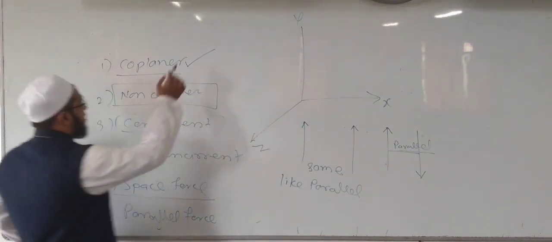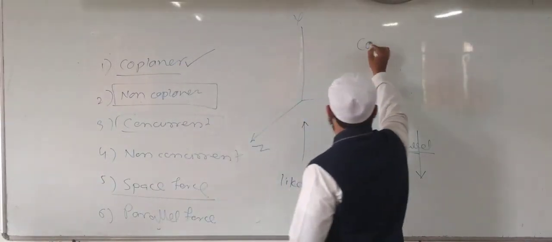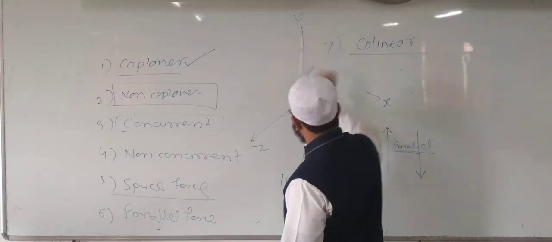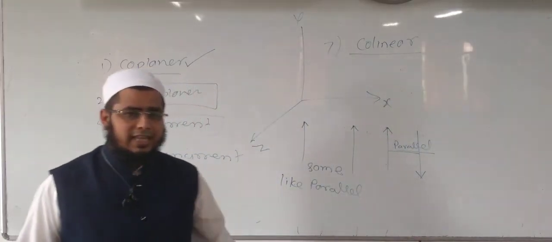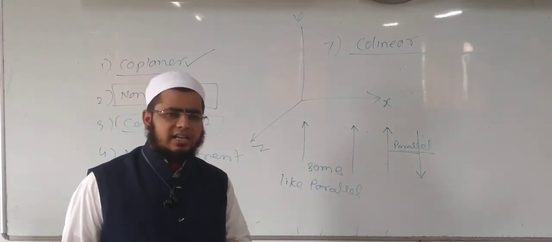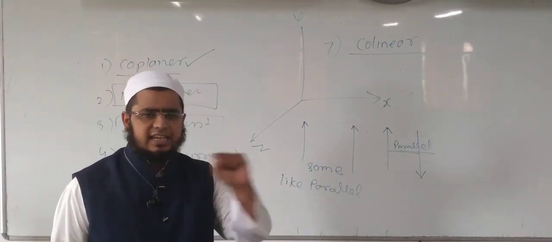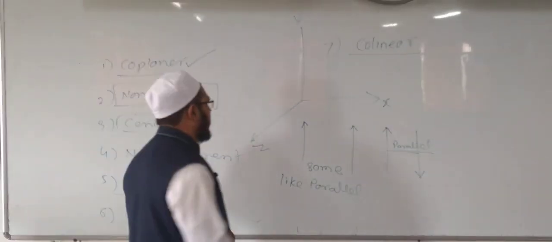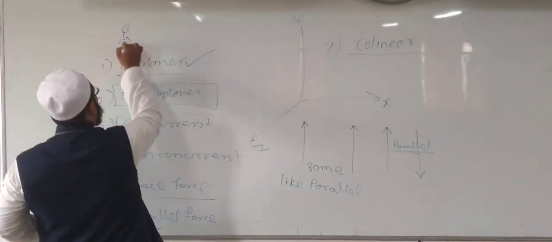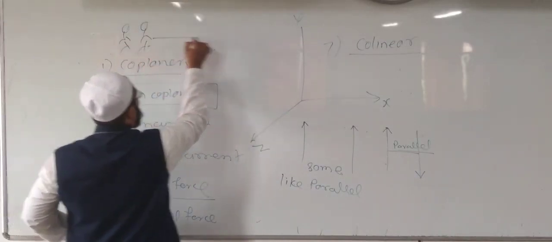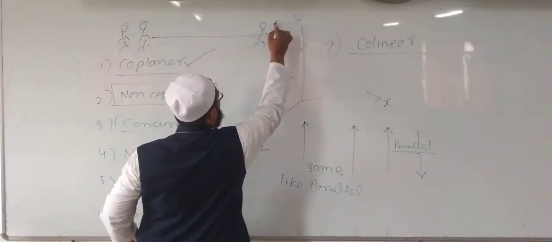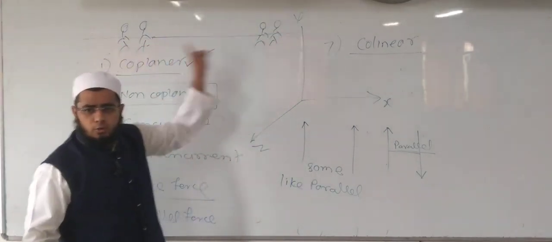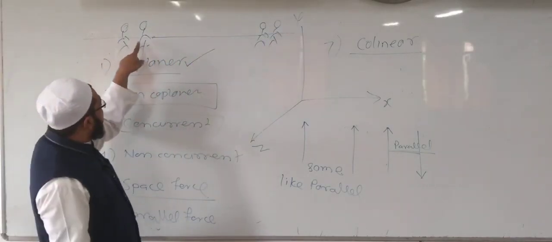Then there is another type of force system, that is the collinear force system. Collinear force system, it is the seventh type. In the collinear force system, the lines of action of all forces lie in a single line. The best example is tug of war. Both teams are applying the force along the rope, though the point of application is different.